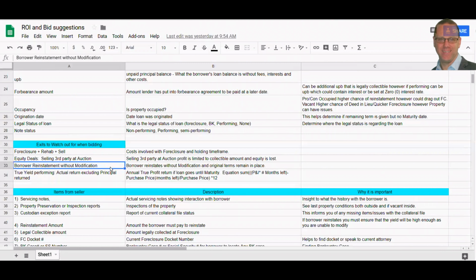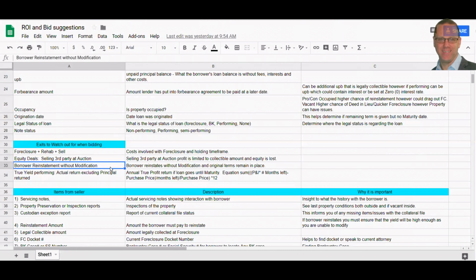So if they pay 3, 4, 5, 10 grand, and you're not calculating what that yield would be if they reinstated, you could turn into a situation where that loan has a 2% coupon and you bought it, they reinstate, which reduces your basis.